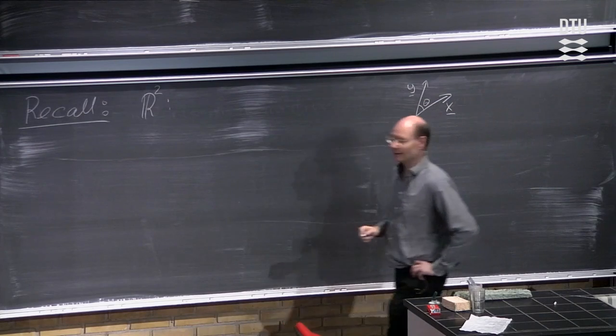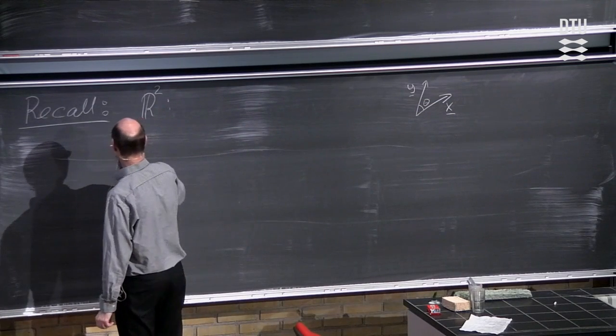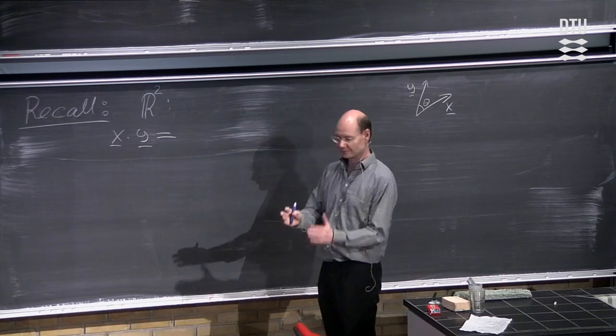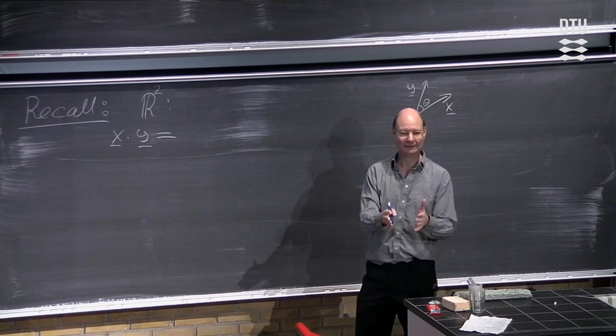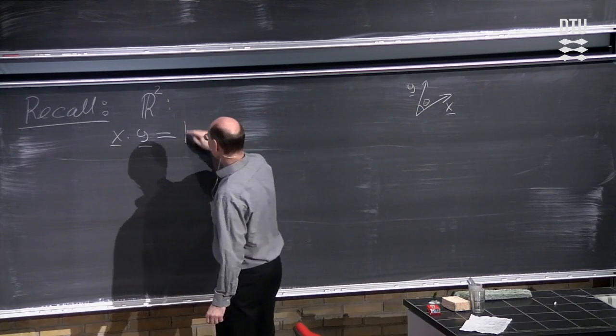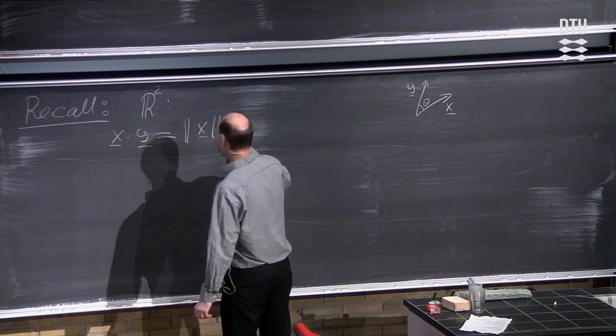Then you know that the inner product x, y is actually the same as the length of the vector x times the length of y times cosine of the angle theta. So this is probably something you saw already in high school.